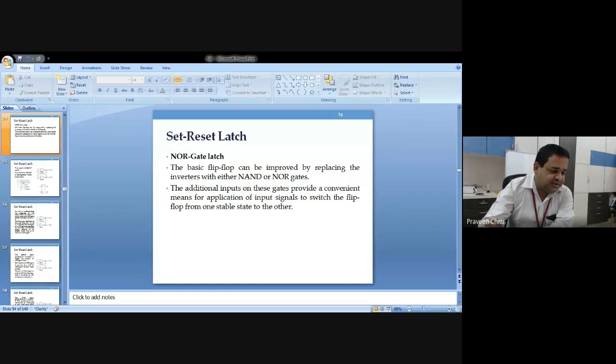So can anybody tell me what exactly you mean by an SR latch? And how can an SR latch be implemented or constructed? Anybody? Yes, Madhura. What is an SR latch and how can it be constructed, either by using NOR gates or NAND gates?